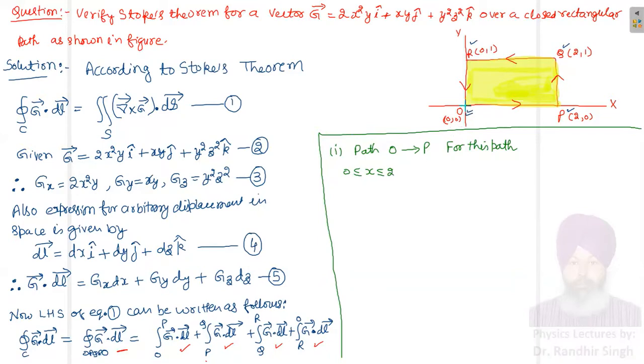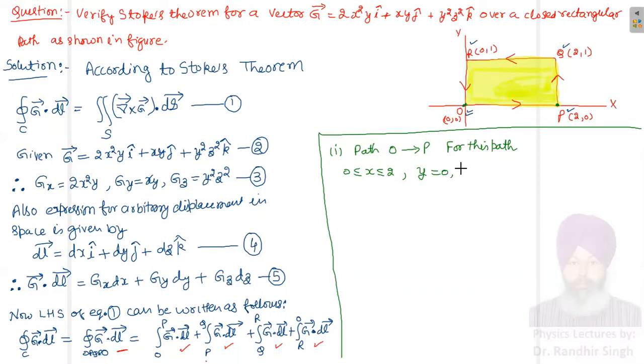The value of x is 0 at O and the value of x is 2 at P. Then the y value is 0 everywhere, because we are moving only on the boundary. It is a closed path, a one dimensional line integration. We are moving only on the path from O to P, and O to P is on the x axis.